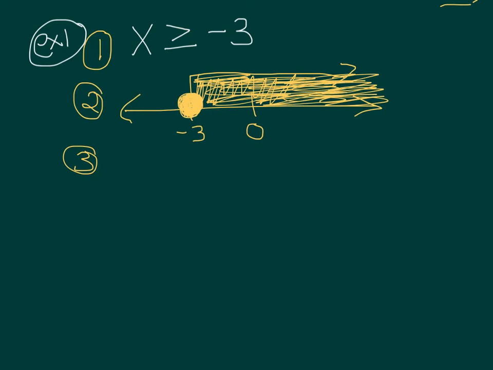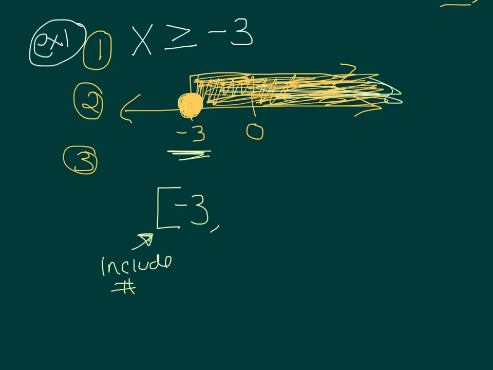My last way of representing this is by interval notation. So again, we start with the smallest number it could be, which is -3. Because I'm going to include -3 as my solution, I'm going to use a bracket. The bracket symbol means include the number. So -3 is the smallest, comma, and what's the biggest number it could be?